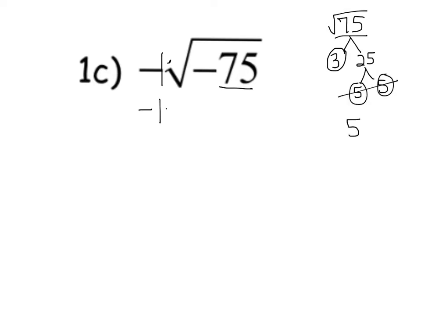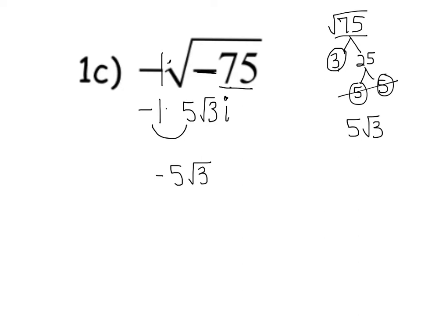So I have a pair of 5s and a 3 left over. So the square root of 75 is 5 square root 3, and then that negative sign turns into the i right next to it. So the negative sign out front, we would just multiply by 5. So we'd have negative 5 times the square root of 3.